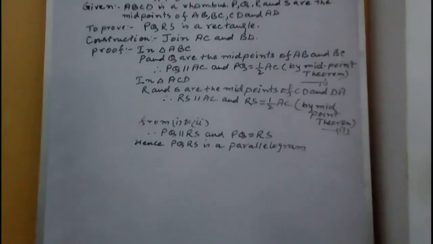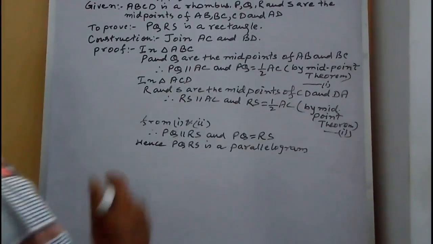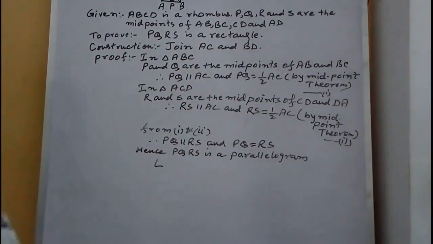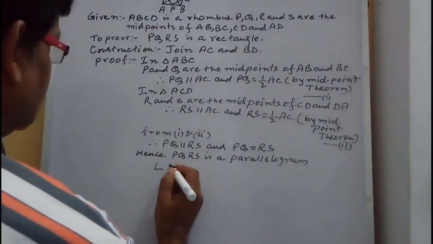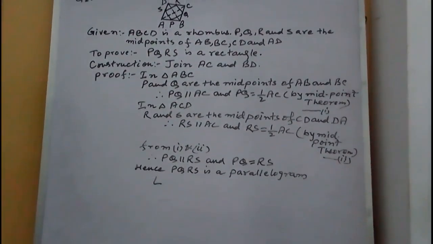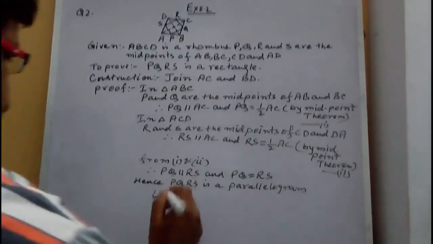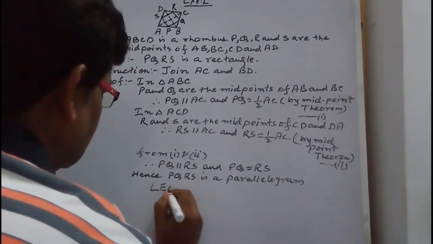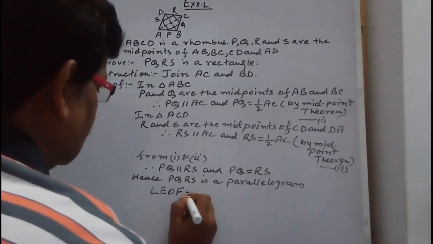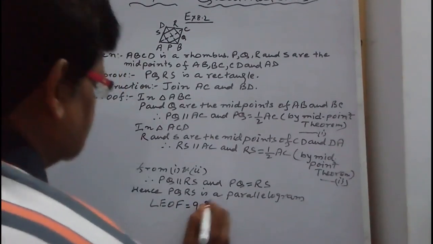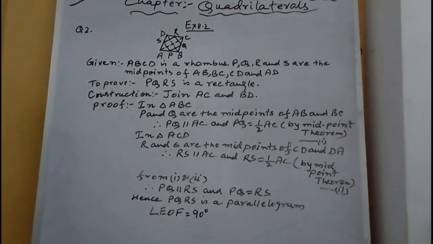Now we have to prove that PQRS is a rectangle. Angle EOF is 90 degrees.